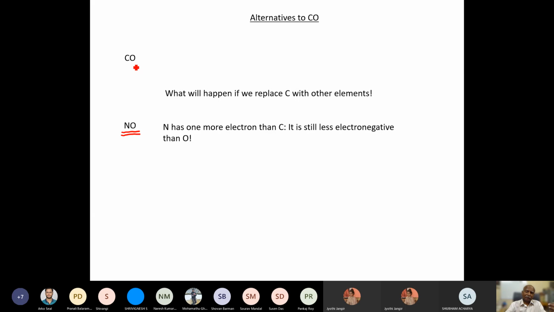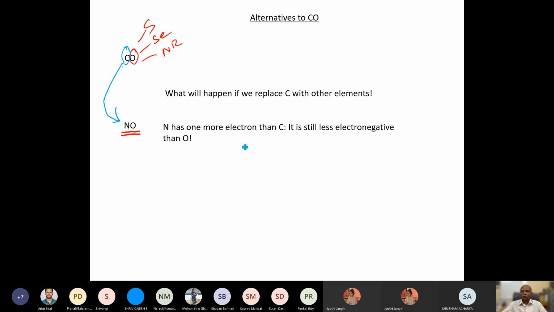We meddled with the oxygen part of carbon monoxide. We changed oxygen to sulfur, selenium, and then to NR, etc. What about meddling with the other side, the carbon side? Can we change that to nitrogen? If we change that to nitrogen, we'll have to end up with one extra electron.